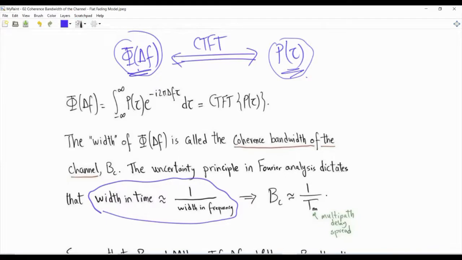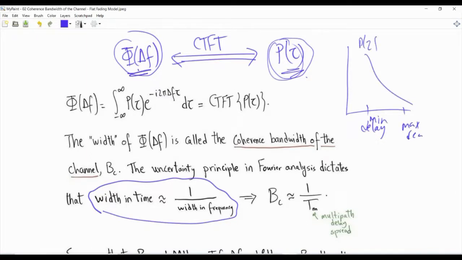The width of the spaced-frequency correlation function is given the name coherence bandwidth of the channel. The width of the multipath intensity profile is the delay spread. Here you have the minimum delay and the maximum delay, and this is P of tau.